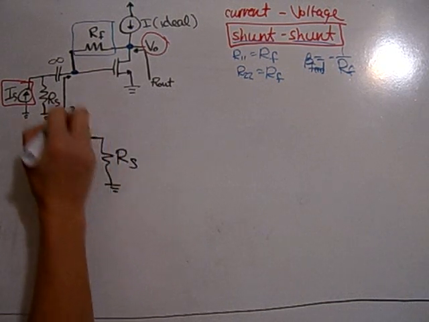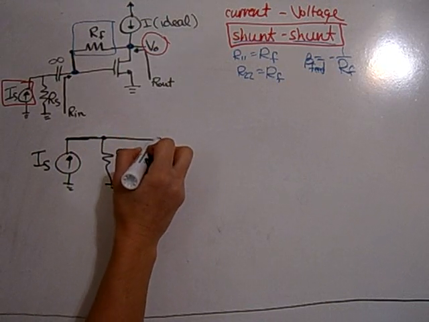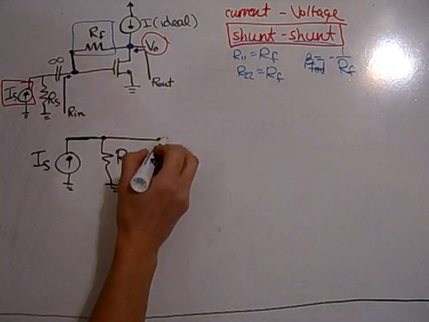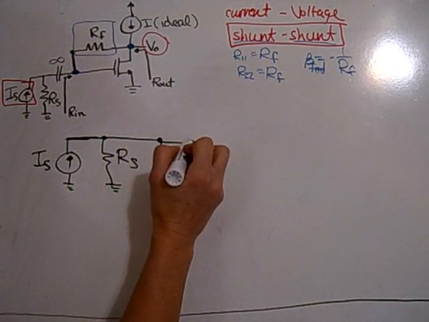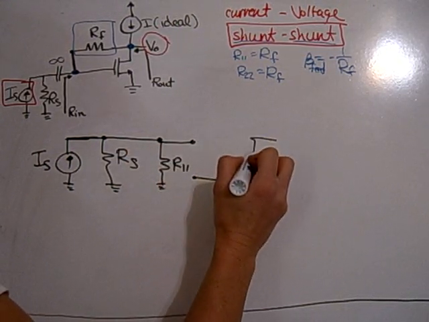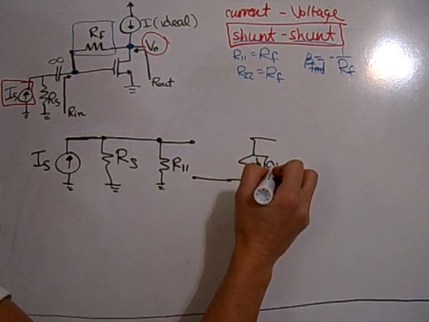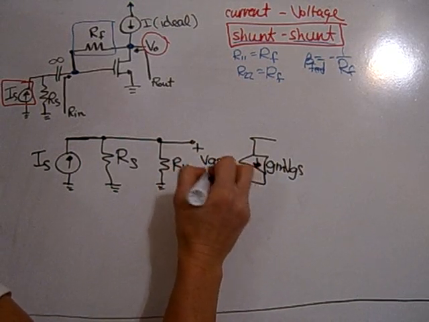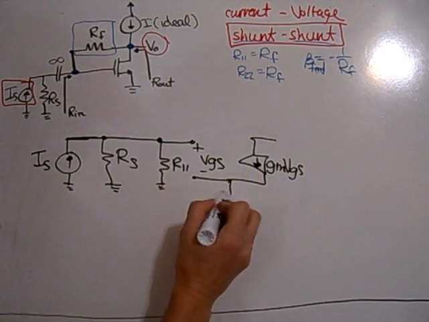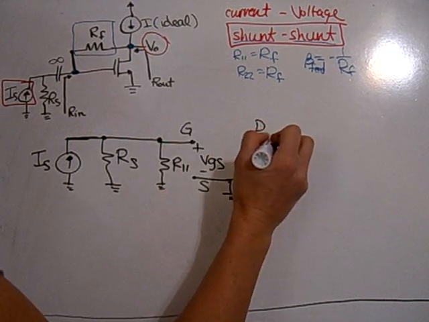I'm going to short this capacitor, which is large, for this is my input side, so I'm going to place R11 here. The source side is grounded, so remember this is gate, source, and drain.